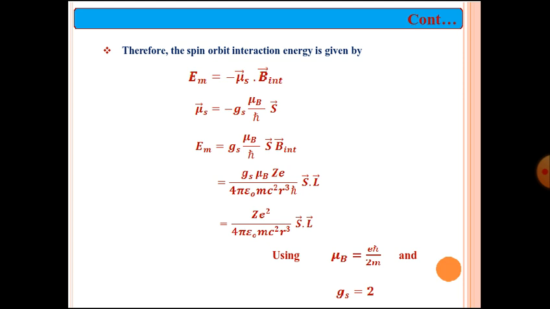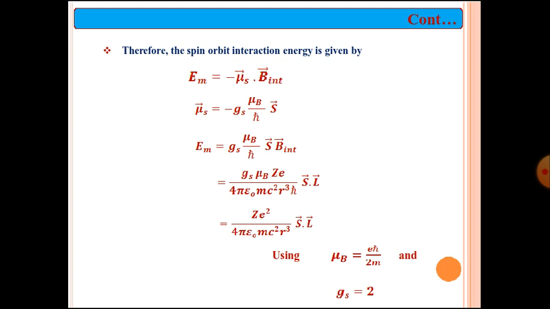A dipole of moment μs vector placed in a magnetic field of strength B vector interacts with it such that the potential energy of the dipole is given by E = -μs vector·B vector. Therefore, the spin orbit interaction energy is given by E = -μs vector·B_int.